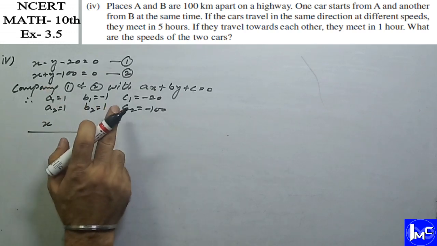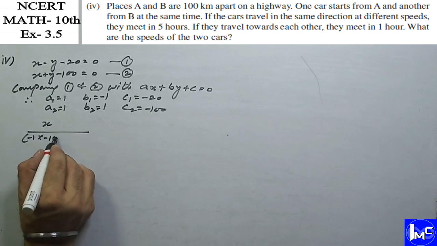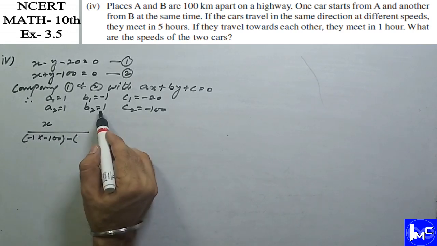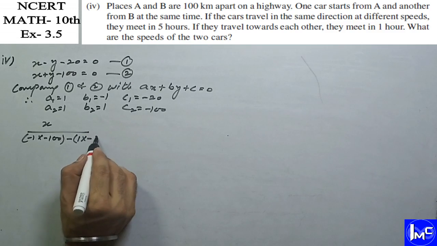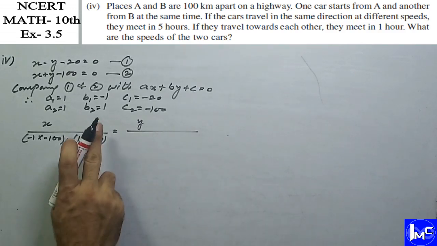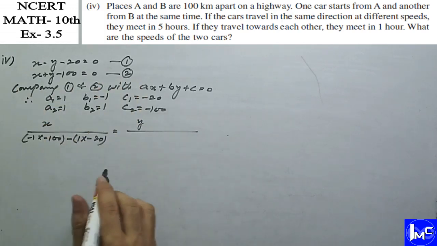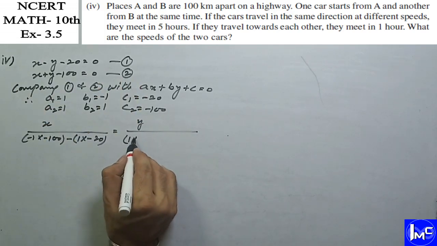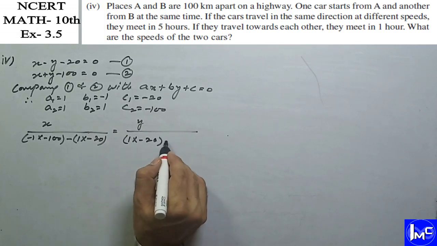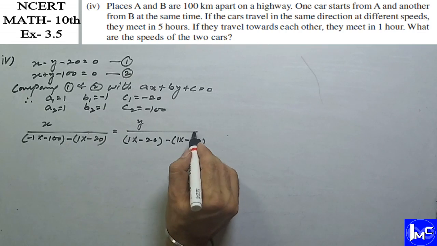We will multiply by omitting the first term: -1 times -100 minus 1 times -20. Now we will skip these two terms and multiply in the opposite order: 1 times -20 minus 1 times -100.